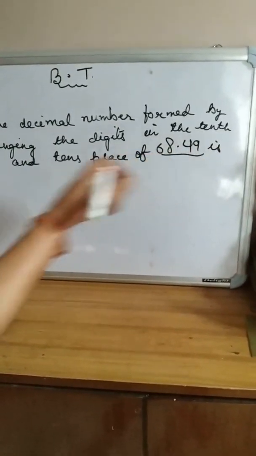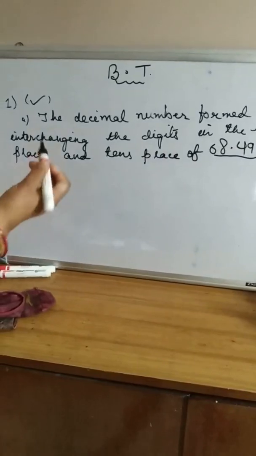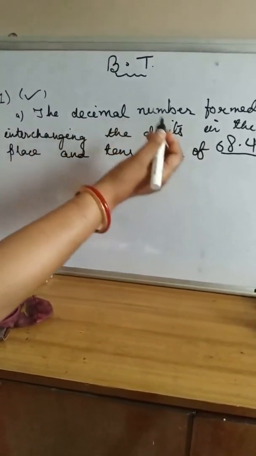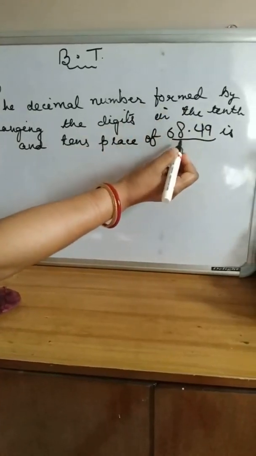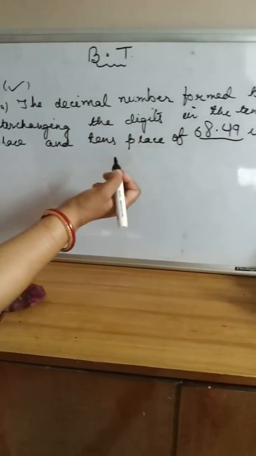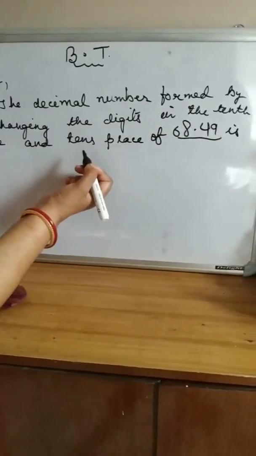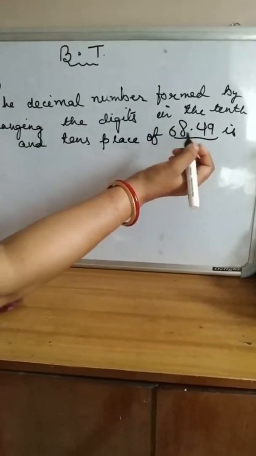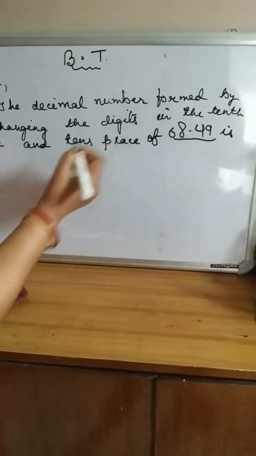This is the decimal number. The question is, you have to form the decimal number by interchanging the digits in the tenths place and the hundredths place. Right? So here all of you see, what is the tenths place in this number?